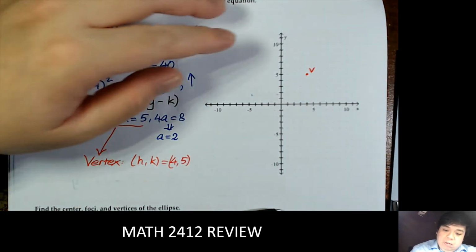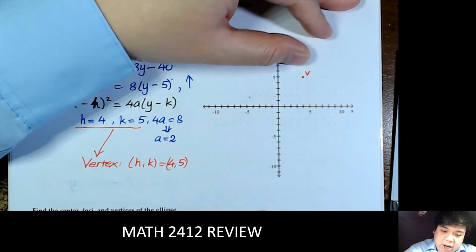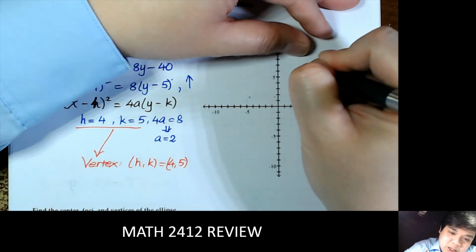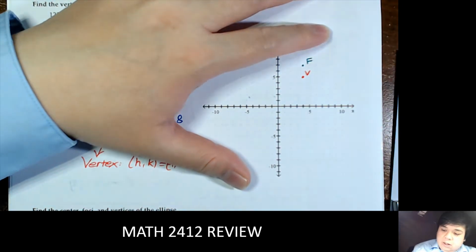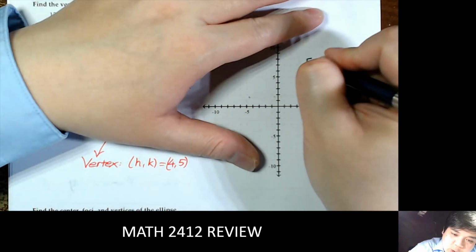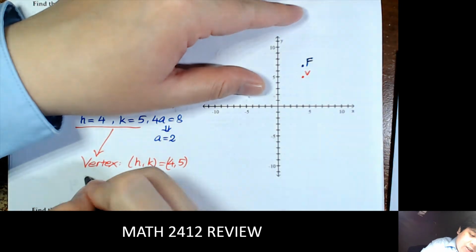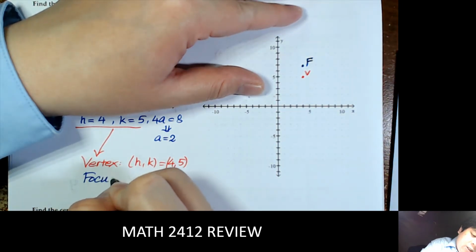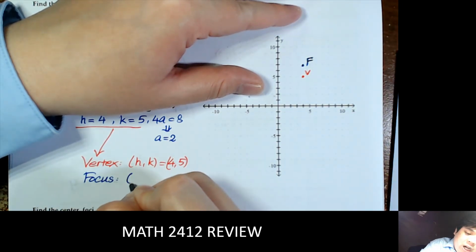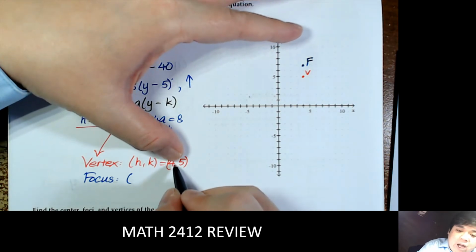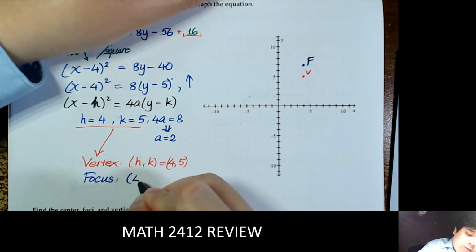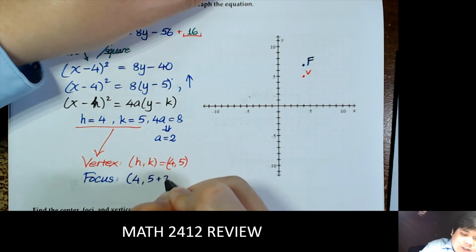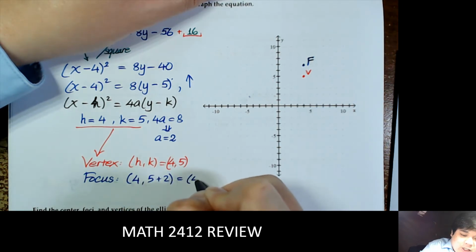If it opens up, meaning that from the vertex we have to go 2 units up to have the focus. If it is 2 units up, we're going to add 2 to the 5, the y component. So the focus is (4, 7).